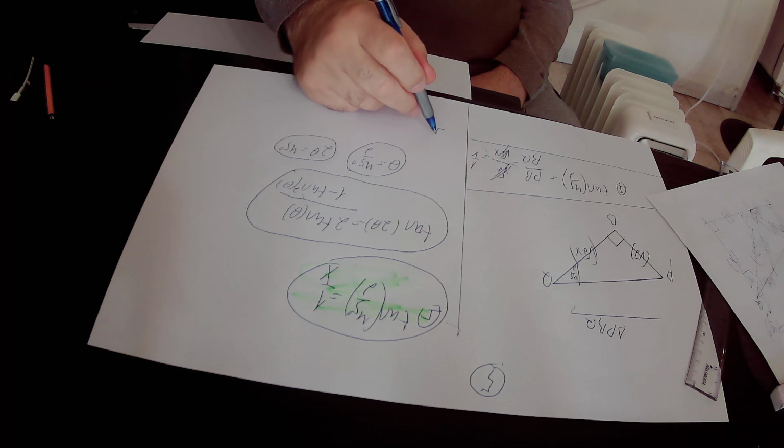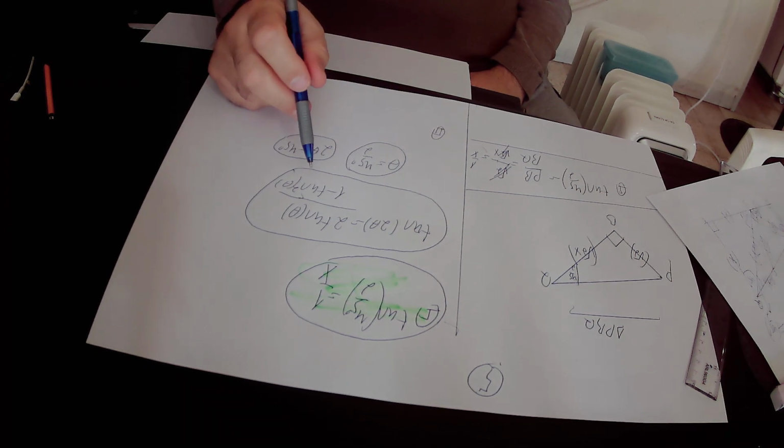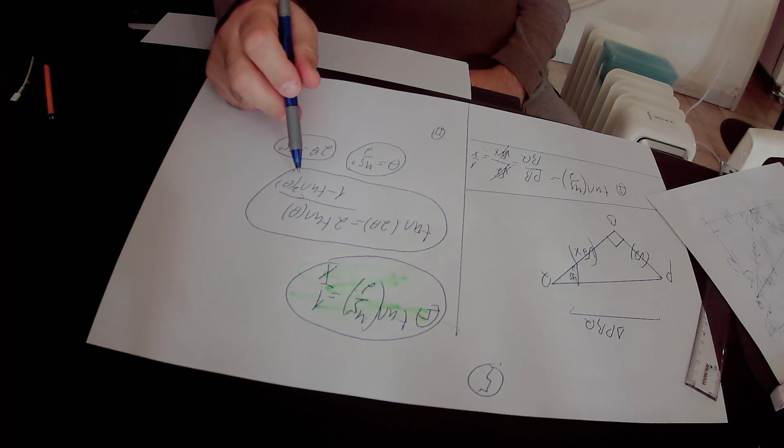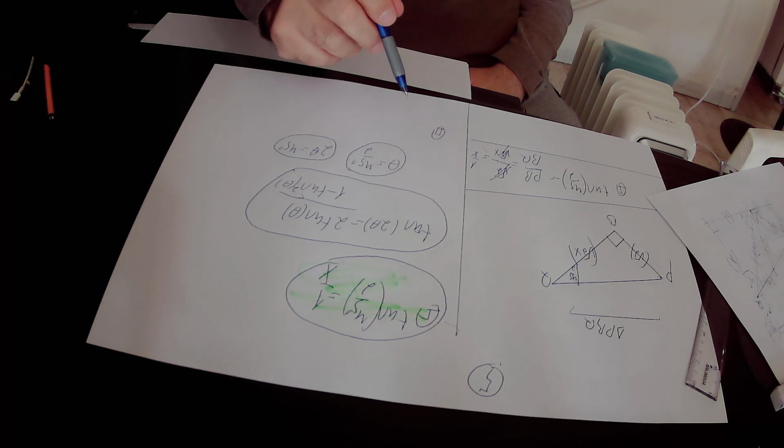In the next step, we'll substitute theta in this trigonometric identity by 45 over 2 degrees, and we substitute 2 theta by 45 degrees.